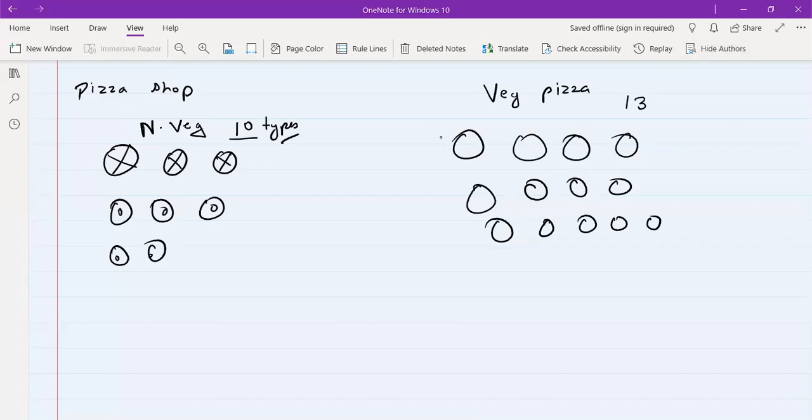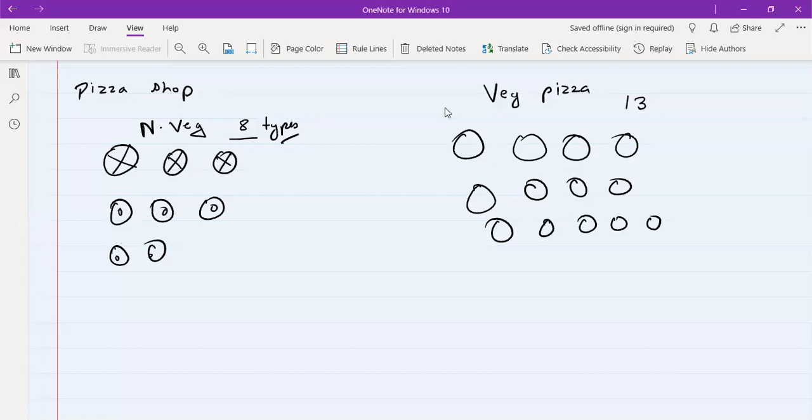Right, everyone? Now, I guess everyone must be feeling hungry. Pizzas. I hope you are getting this concept. Yeah, sorry, it is 8 types.